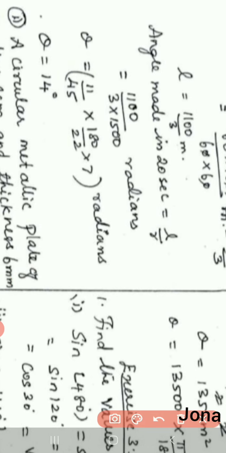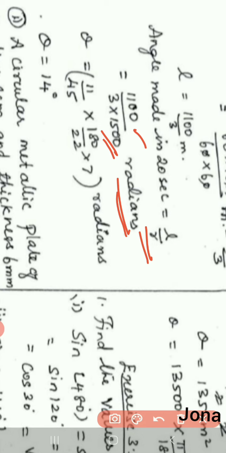But we want to find the angle, isn't it? So the angle made in 20 seconds, we need that. So theta equal to L by R. We found already L is 1100 by 3 and R is 1500. We want to convert this into radians, isn't it?